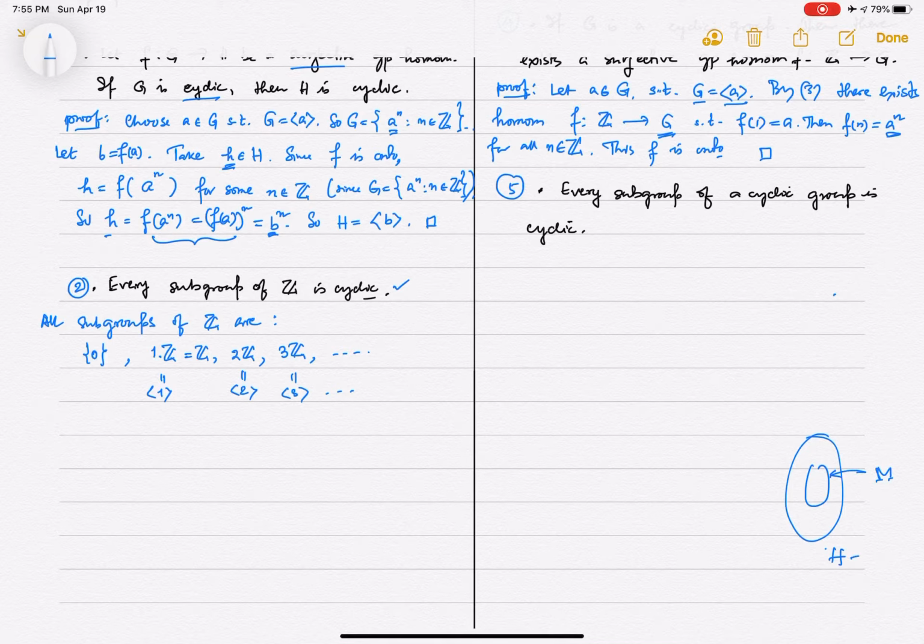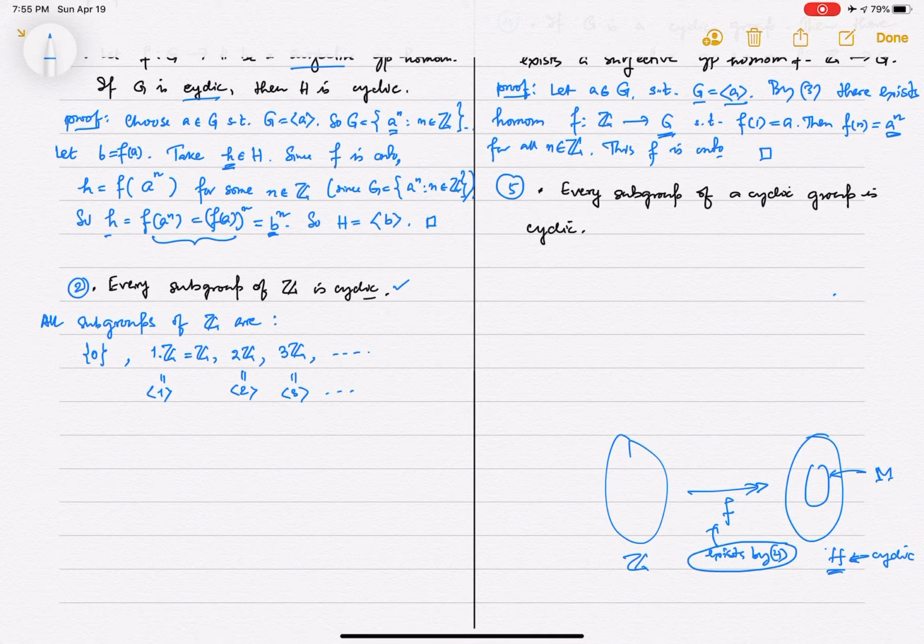So H is cyclic. And I want to show that M is cyclic. Because H is cyclic, there is an onto homomorphism from integers by 4. Onto homomorphism exists by 4. All right.